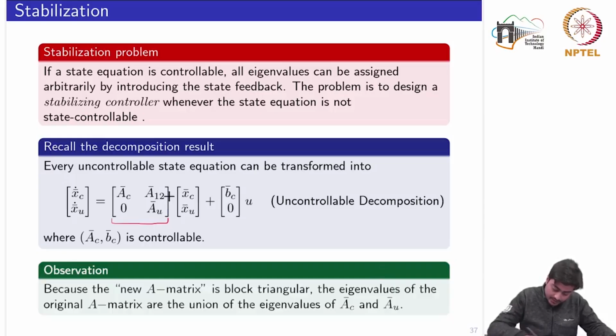The implication of the statement is that you can compute separately the eigenvalues of this A C bar matrix and separately of this matrix A U bar, because both these matrices are square matrices. Now the overall eigenvalues of the original A matrix would contain all the eigenvalues of A C bar and A U bar.